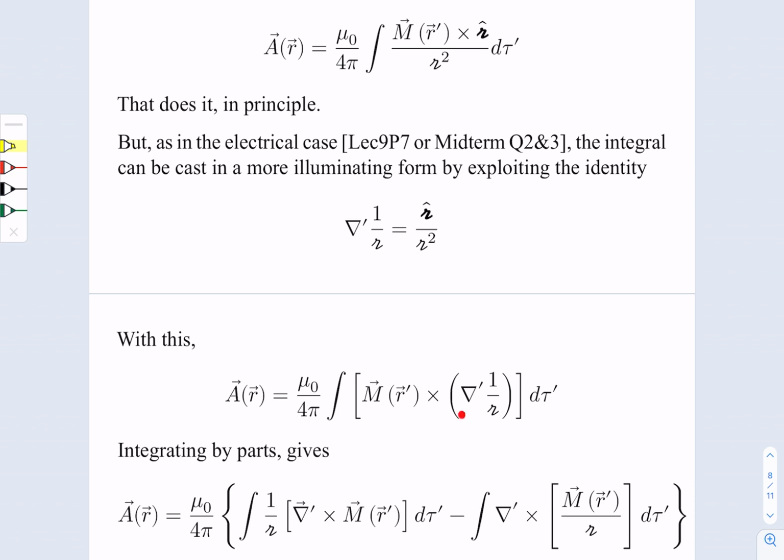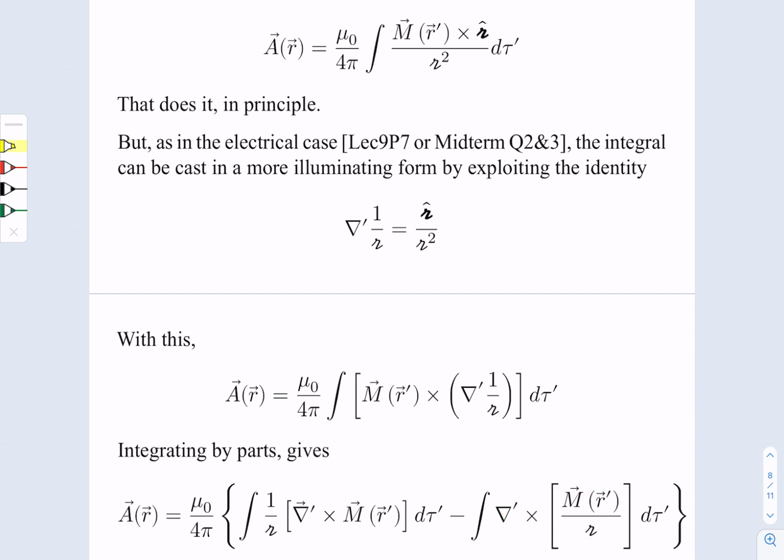Now, for this expression we can use integration by parts, because you see that the del prime operator is only applied to one term. So we can pull this out and apply it to the two terms combined, and this can be transferred to a surface term.